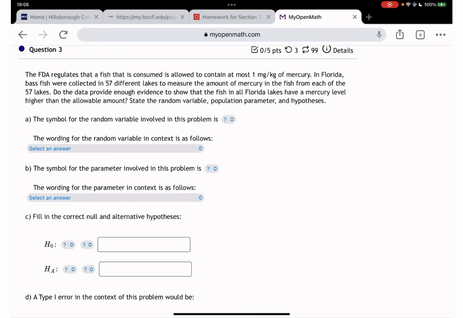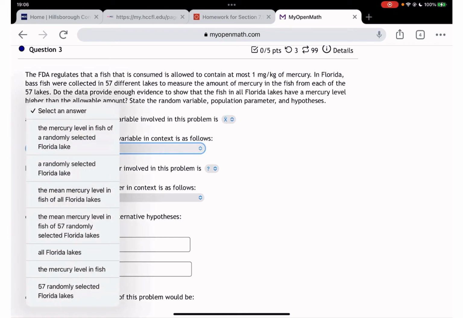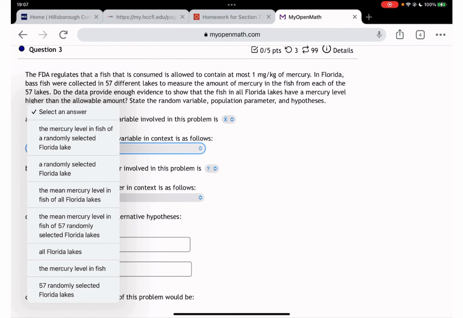Question A. The symbol for the random variable involved in this problem is going to be X bar, because this is the mean mercury level in fish of 57 randomly selected Florida lakes.